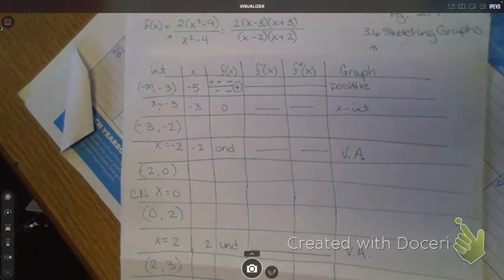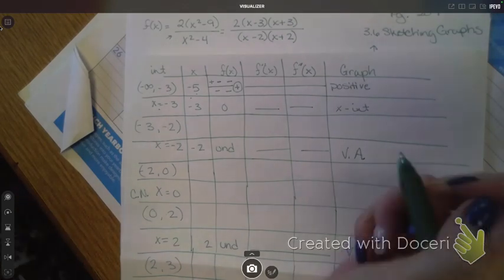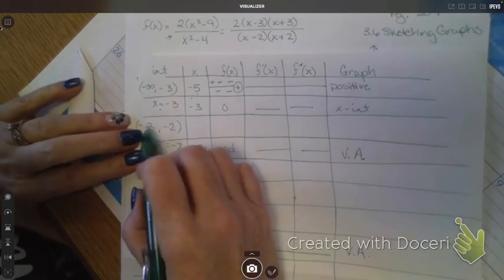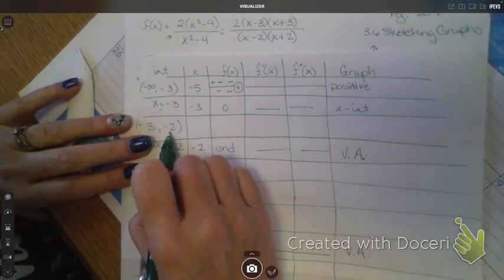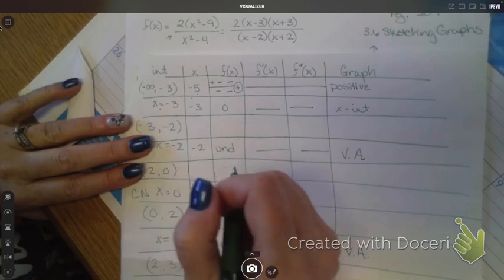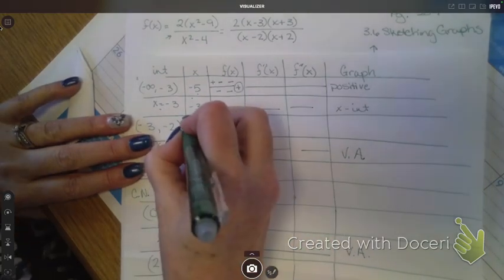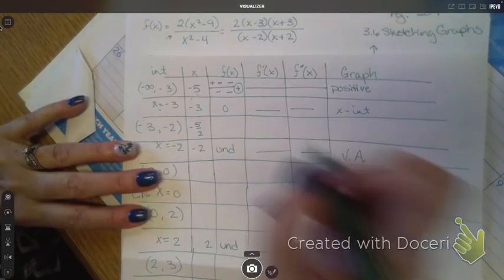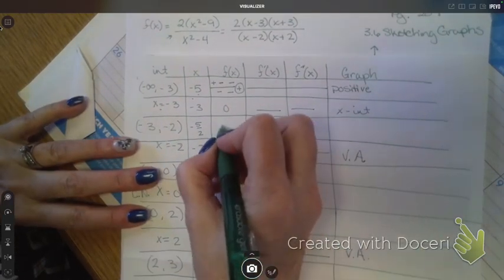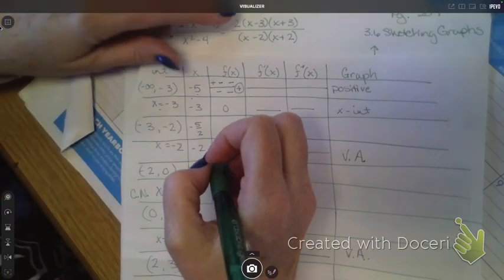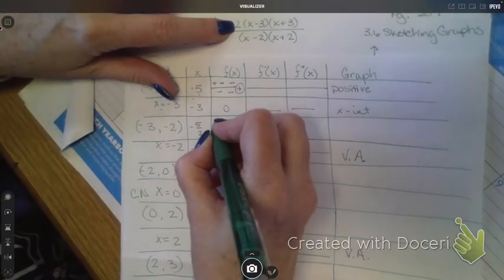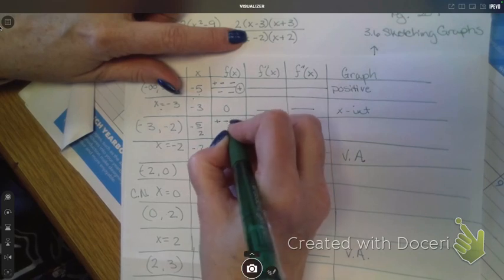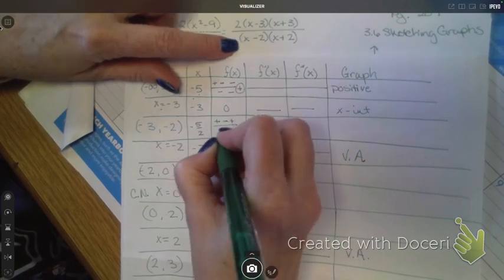And we are going to check our concavity in that with this one. So we're going to do it on all of them. So -3 to -2. What do you want to pick? Negative, well, 2.5. So at -5/2. So that would be a positive, a negative, positive, negative, negative.